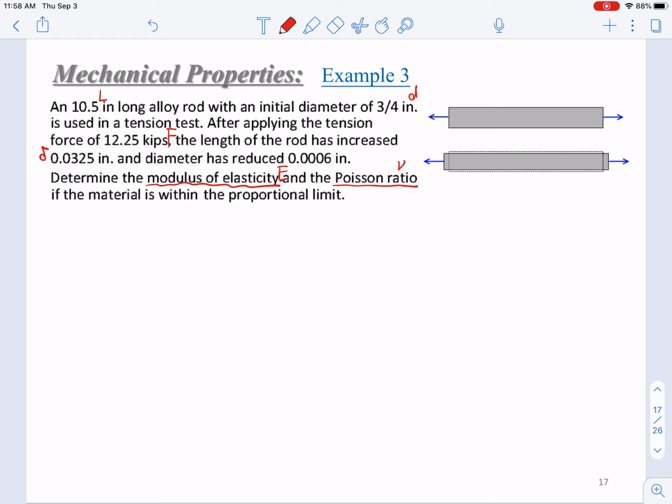And you can see here we're requested to calculate E. How to calculate E? Our equation is E equals sigma over epsilon. So here we need to determine sigma. How to calculate sigma? F over A. How to calculate epsilon? Delta over L. Then we're also requested to calculate nu.